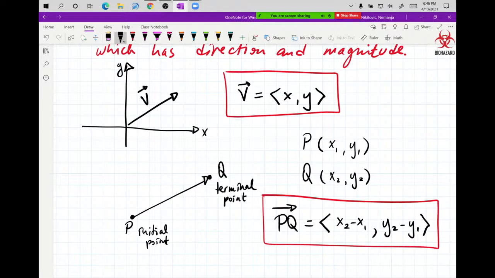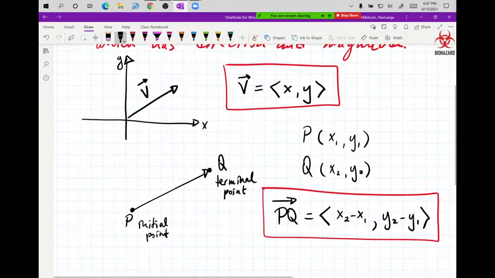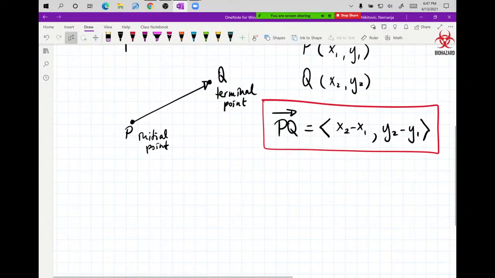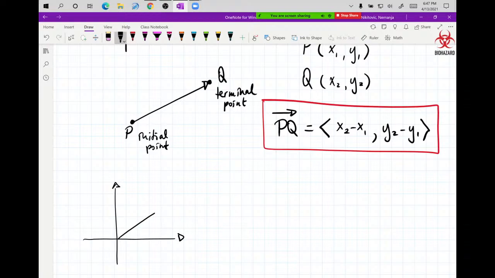Okay. So now what? Well, we can say that when I have a vector in the coordinate system, we can drop this line like this, and you see an x over here, you see a y over here.